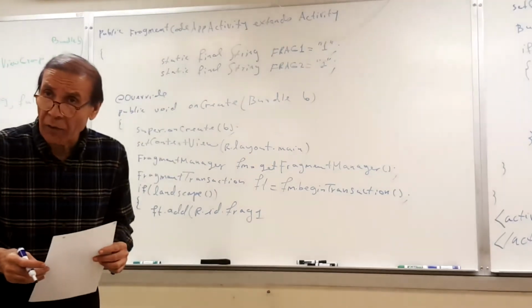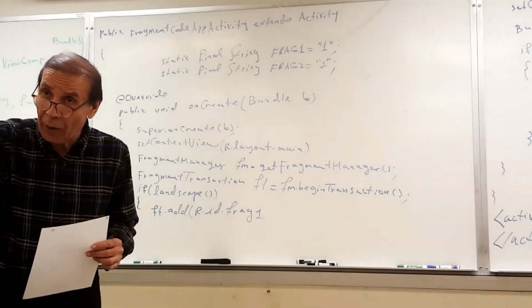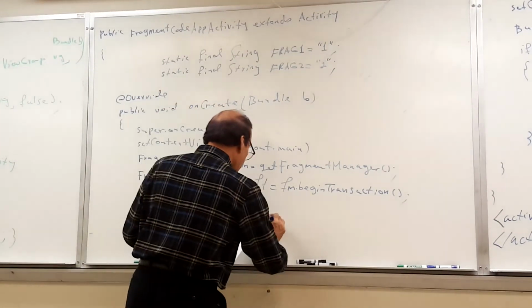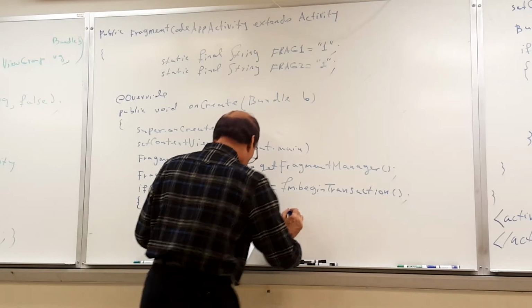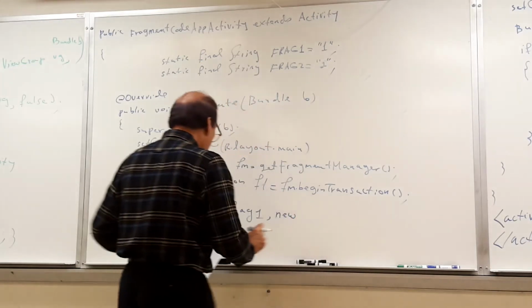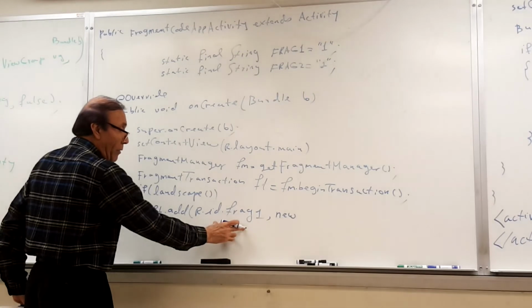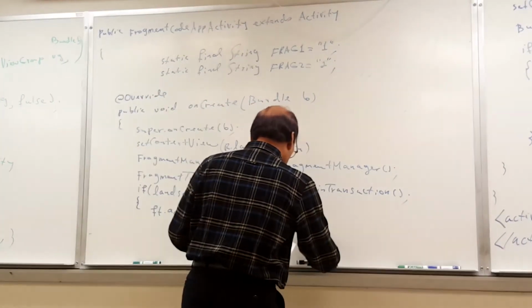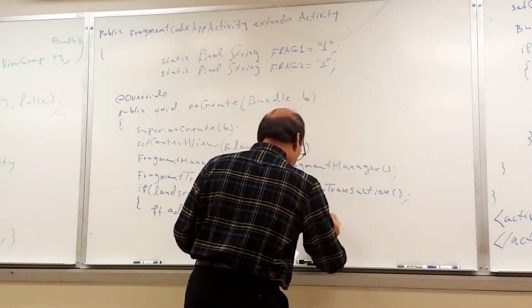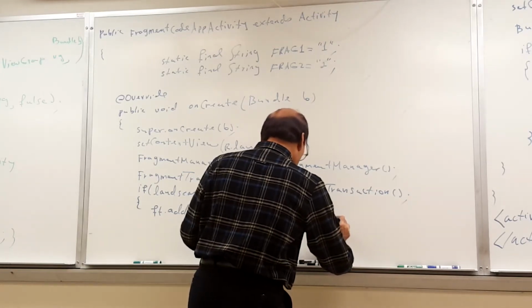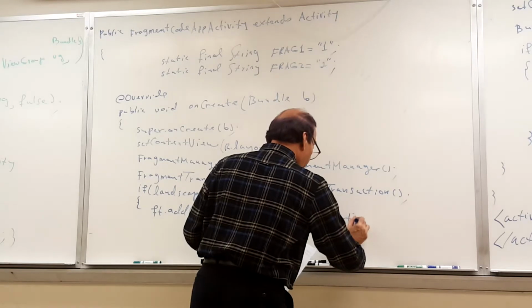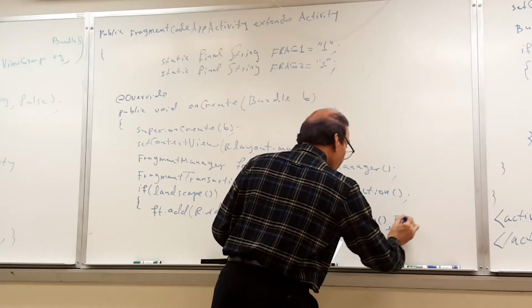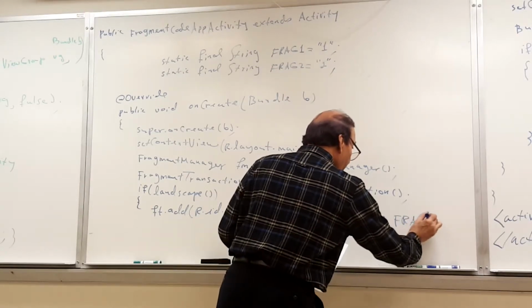Frag1 was in charge of having the list view. You remember that? Okay. So, comma, new Frag1Activity, comma, fragment.